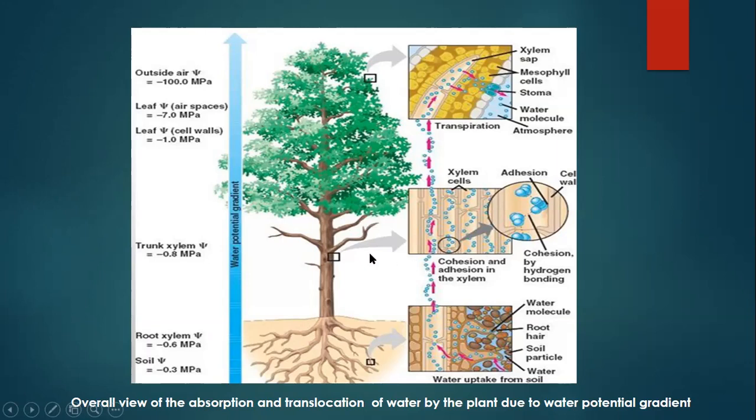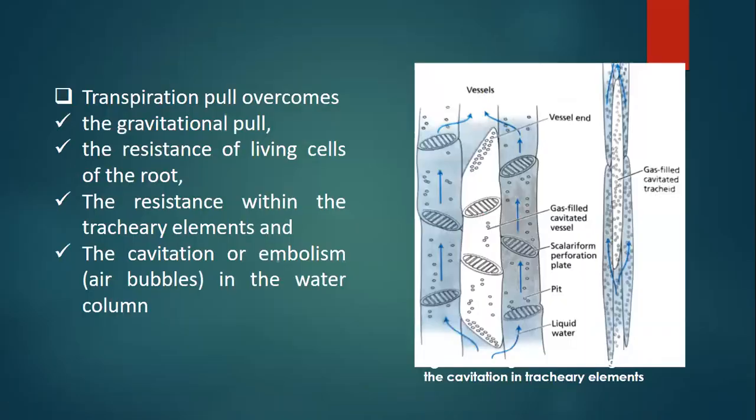This transpiration pull overcomes the gravitational pull, the resistance created by the living cells of the root, and also the resistance within the tracheal elements.